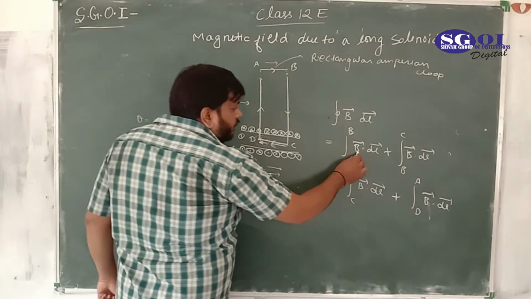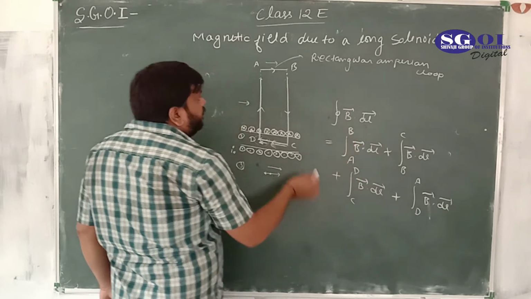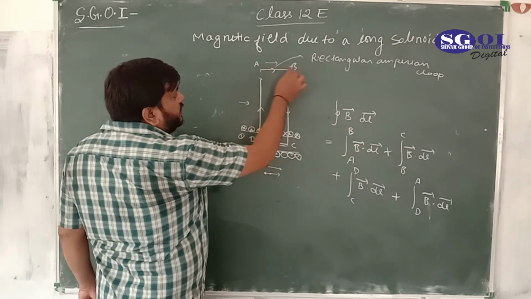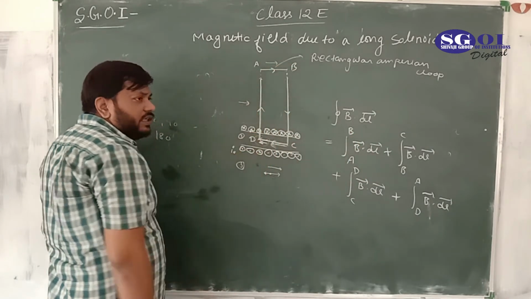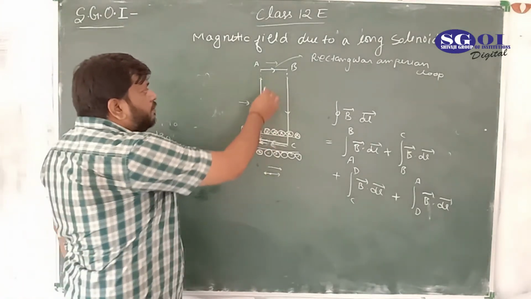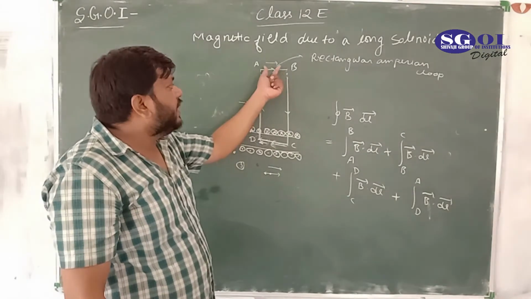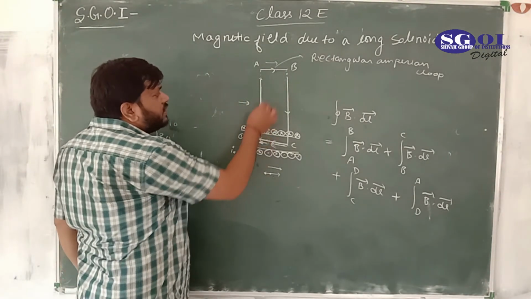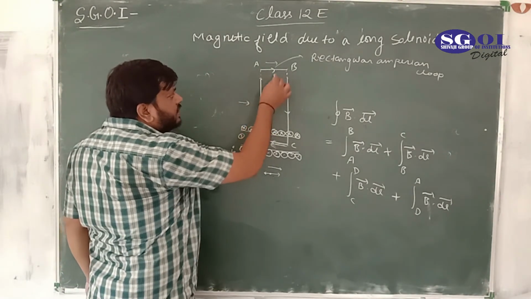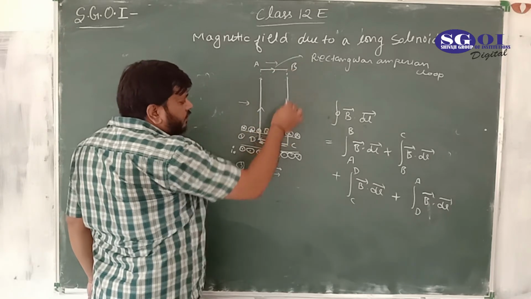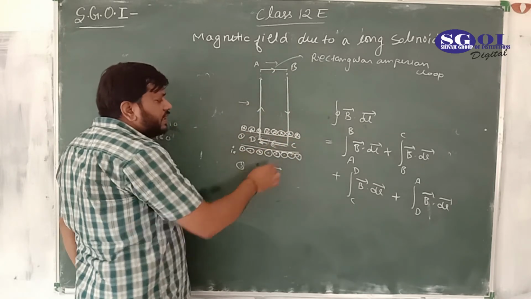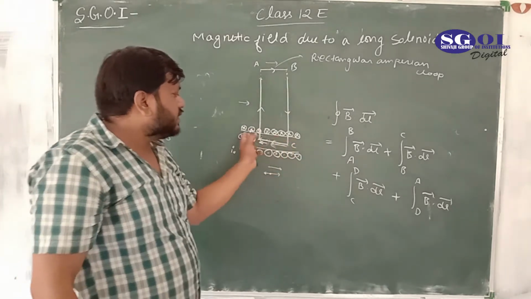Let's see B dot dl for A to B. For A to B, B is in this direction as we have already observed, but the magnitude of the magnetic field is very less. For this dl the direction is this, for BC dl is in this direction, and for C to D dl is in this direction.